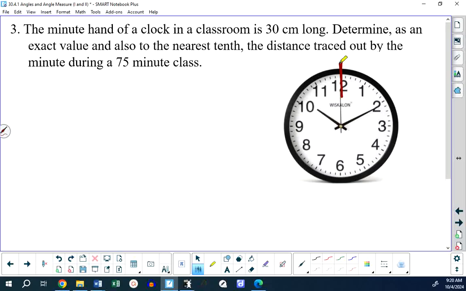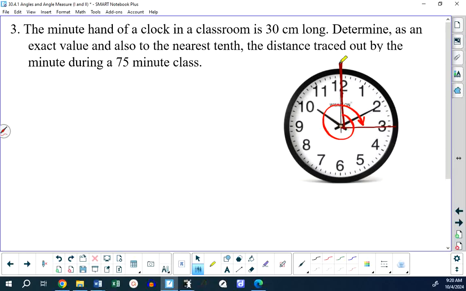You should understand that 75 minutes takes you all the way around to here and then ends here. 75 is 15 more than 60 minutes. We're not talking angles here, we're just talking minutes. So this is the angle that we're talking about.